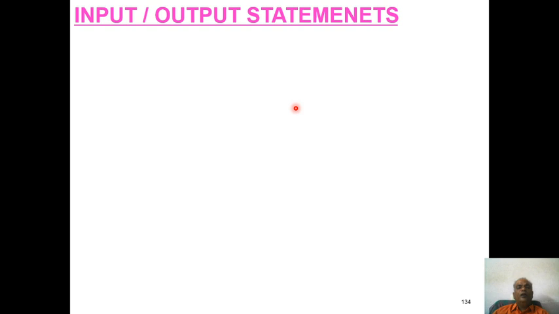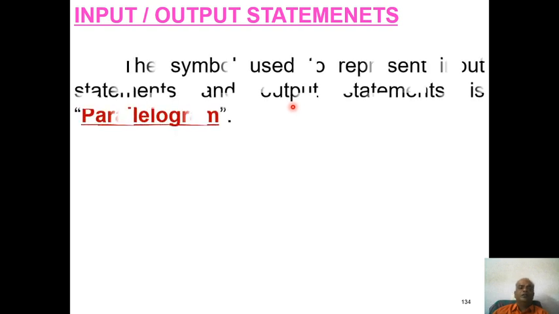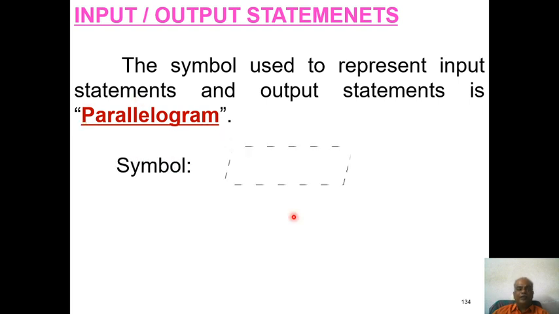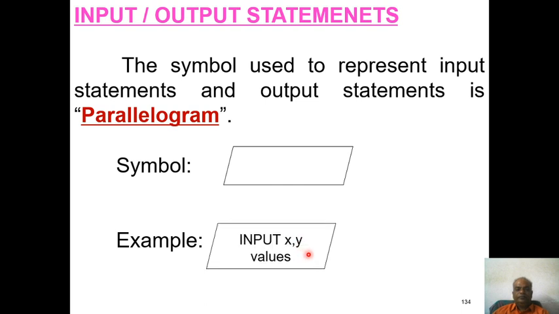Next, input or output statements are represented through a parallelogram, which is just a square box slightly rotated. Whether it is print, read, or write, it is a parallelogram.